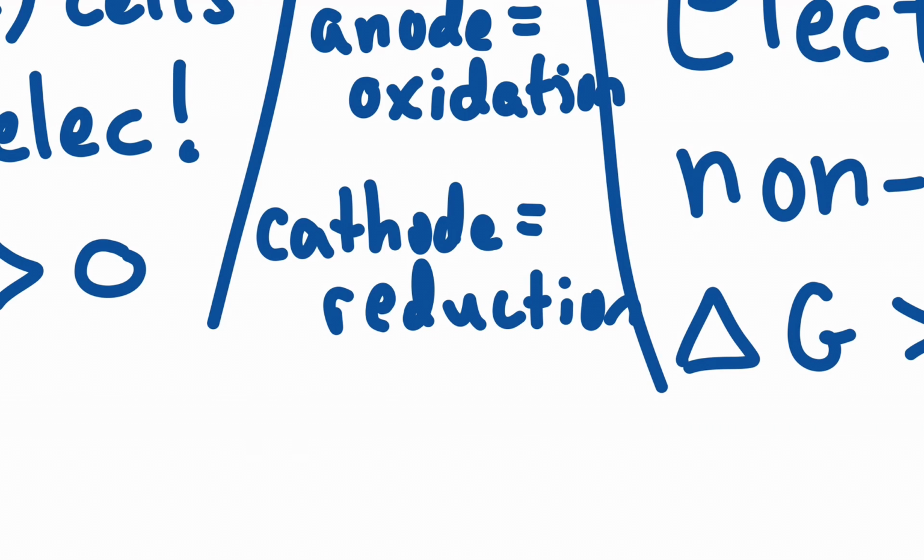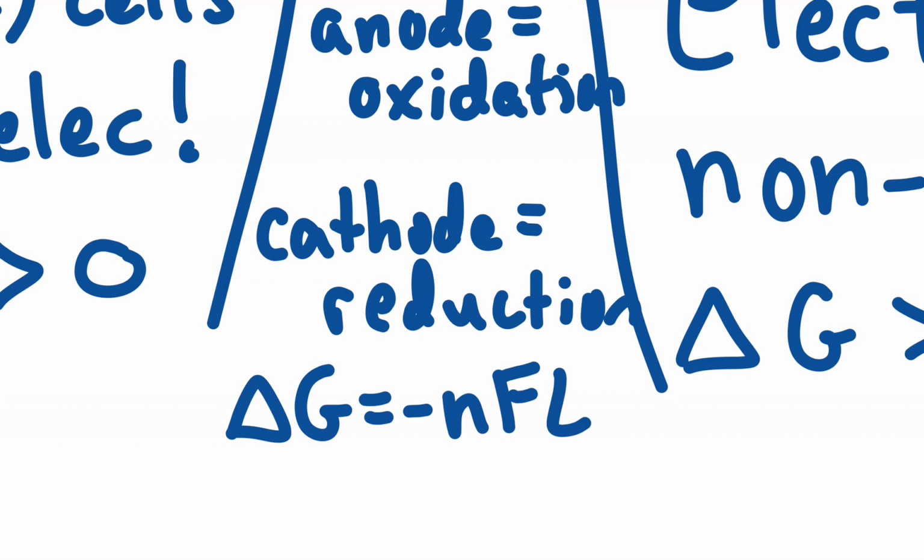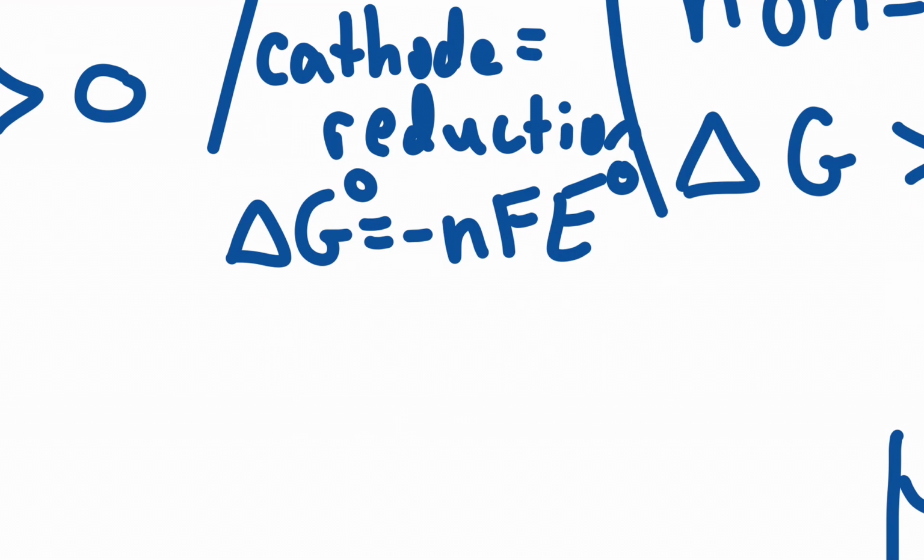And quantitatively, we can calculate delta G from the electrochemical potential. It's based on the moles of electrons in the balanced reaction, Faraday's constant, and the electrochemical potential. That's true if it's non-standard or if it's standard with that superscript 0, meaning 1 molar and 1 atm.